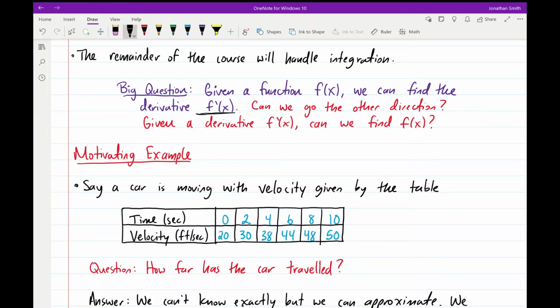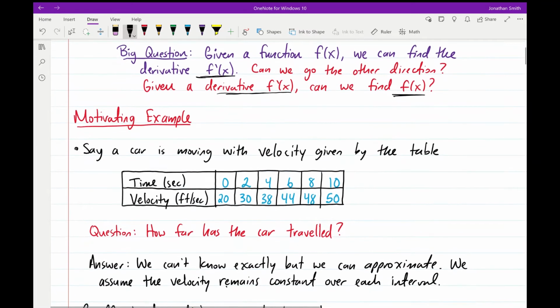If we have our derivative already, f prime of x, is it possible for us to find that original function f of x? This is a question to keep in mind as we start developing the integral, and we won't really get an answer until the end of chapter 5, or maybe the beginning of chapter 6. But something to keep in the back of your mind.